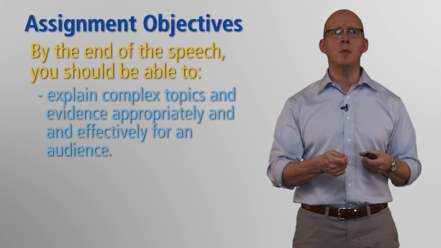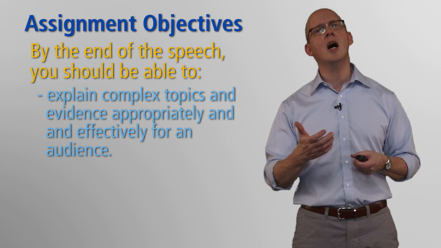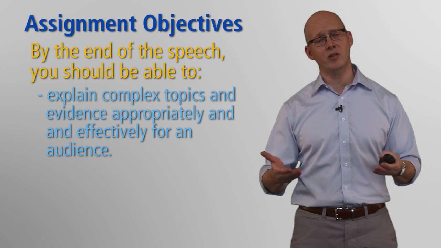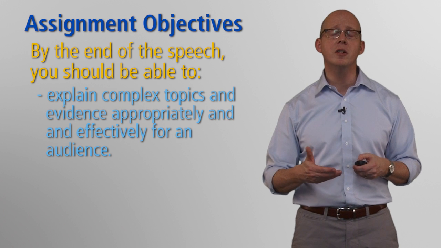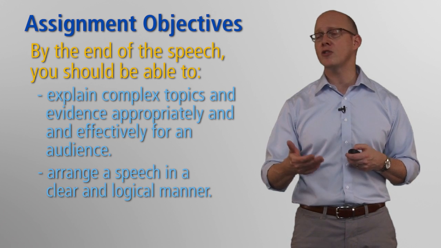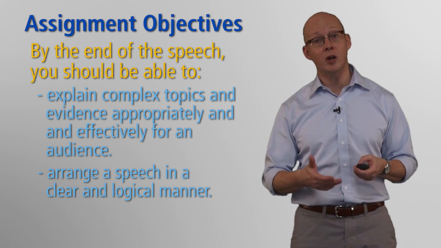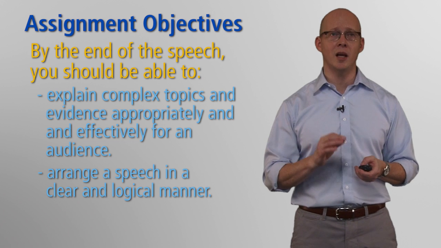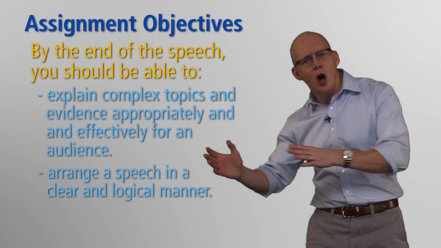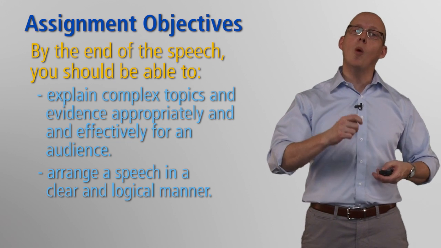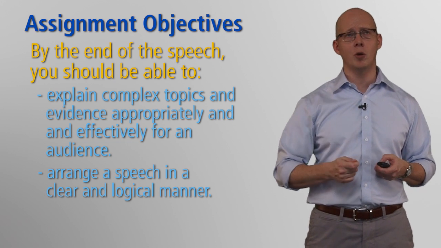So in informative speaking, your job is to translate complex ideas into accessible language, and this often requires judgment on your part. You should be able to arrange a speech in a clear and logical manner, using performance to highlight this clarity. So, you've got to think about how you're going to walk people through the information in a way that's easy for them to follow along with.